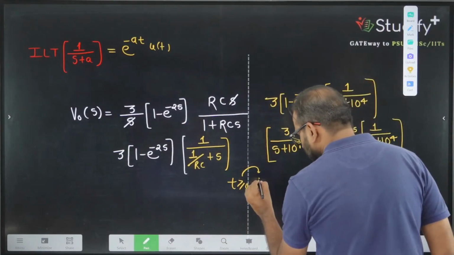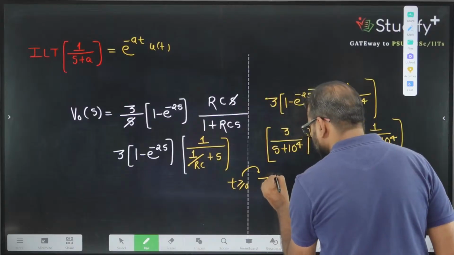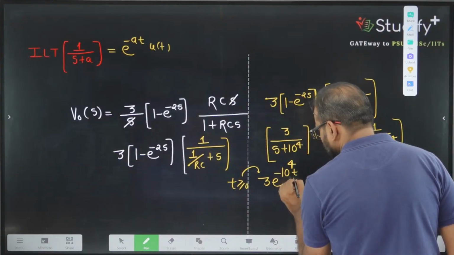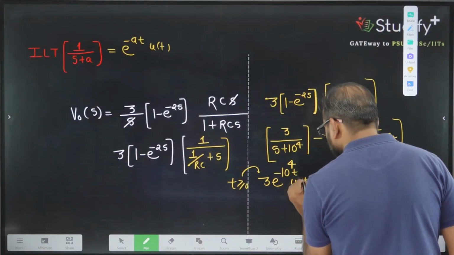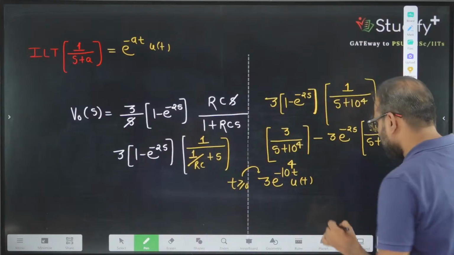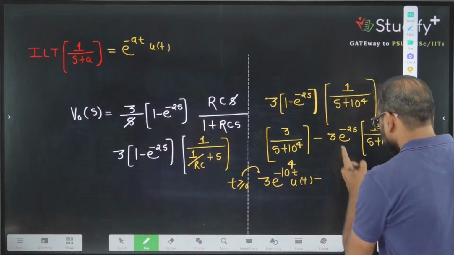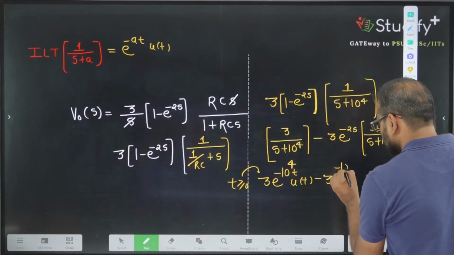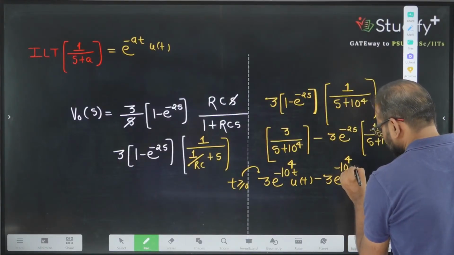So this is 3 into e to the power minus 10 raised to the power 4 into t into u(t), and this expression is minus 3 into e to the power minus 10 raised to the power 4 into t.